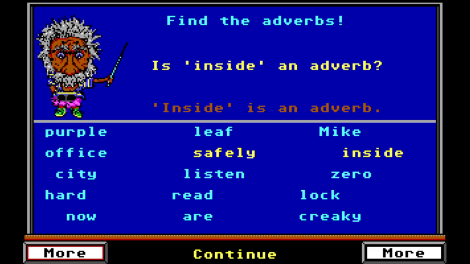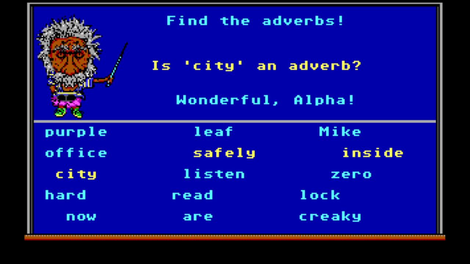It is an adverb. I suppose if you think about it in baseball terms, like inside pitch or something like that, it definitely modifies the subject there. Yeah, well, whatever.